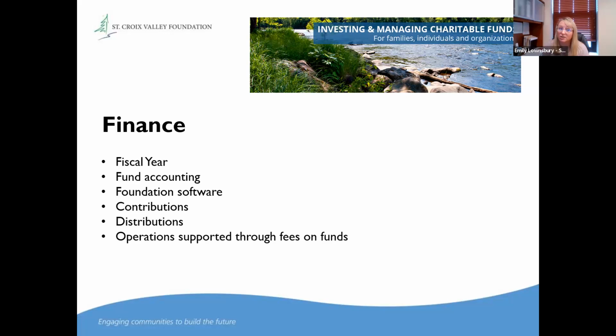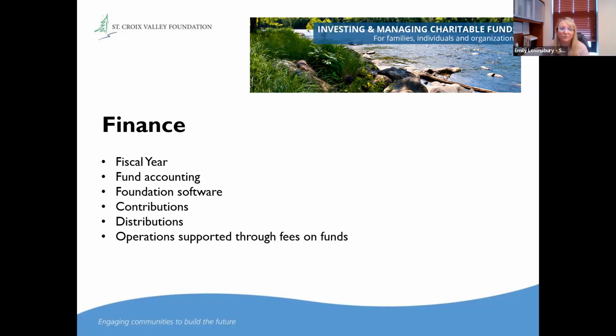We account for each and every one of those funds individually by a process called fund accounting. So each fund can be thought of as its own company, its own set of books, its own balance sheet. They're all individual, but then they're all rolled up and consolidated for financial reporting.